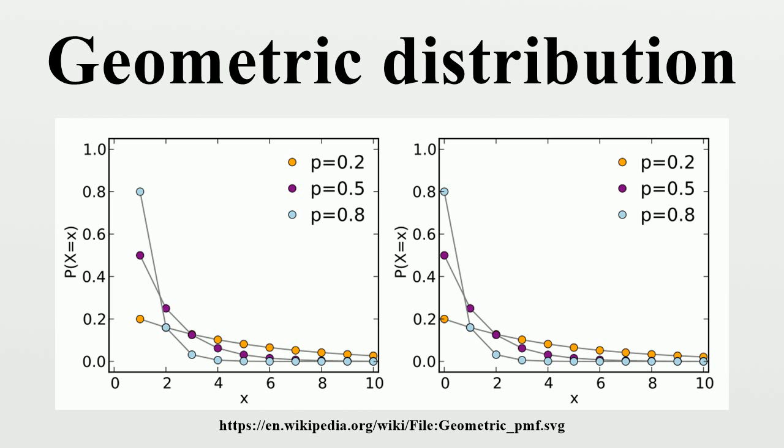Expected number of failures before the first success for the geometric distribution. The expected number of failures before the first success is E equals q over p. For the antidepressant example, with p equals 0.6, the mean number of failures before the first success is E equals q over p equals 0.4 over 0.6 equals 0.67.